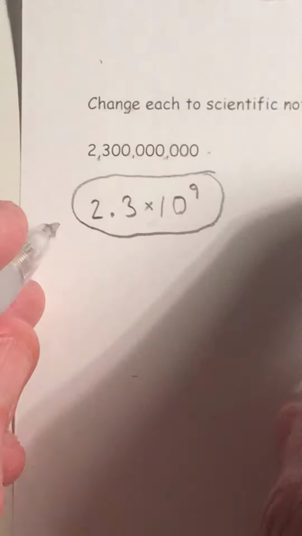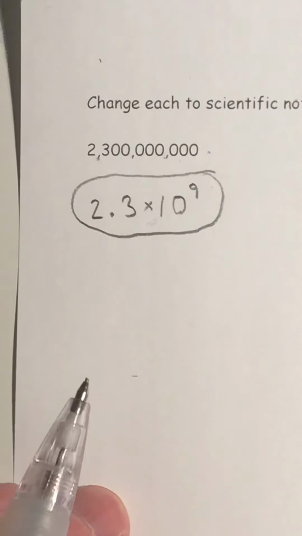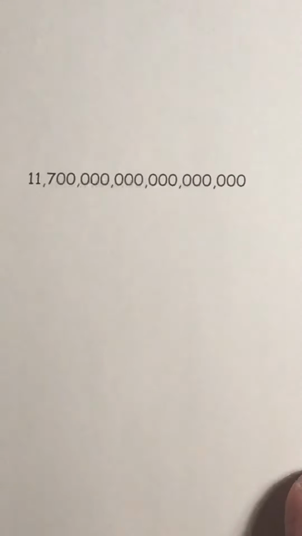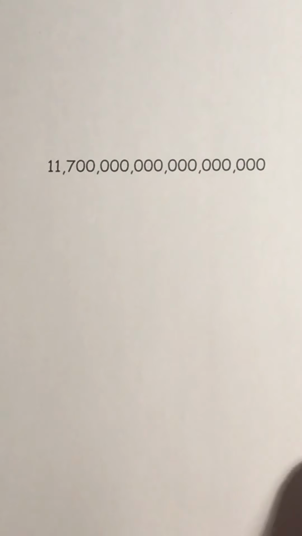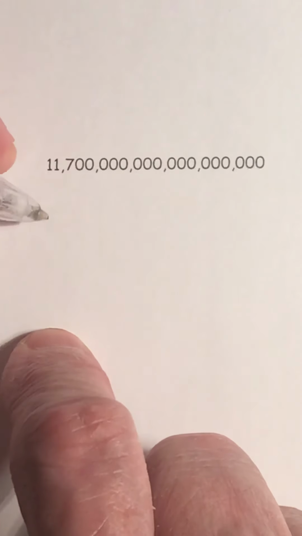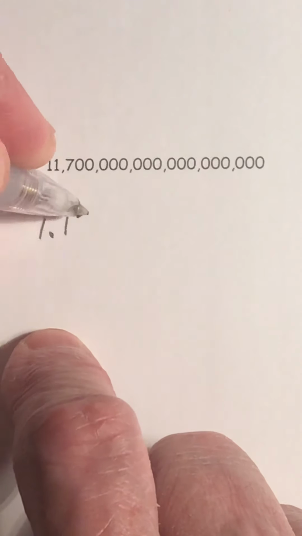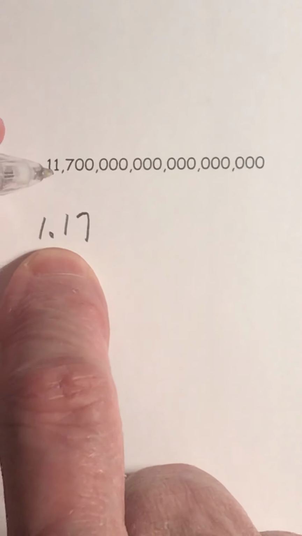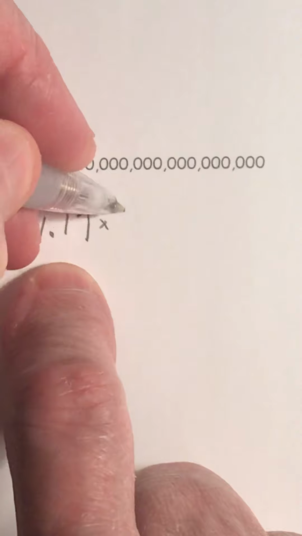Sometimes you got 27 zeros or something, and it takes a magnifying glass. Speak of the devil. Oh, gosh. Well, thank goodness for the commas, huh? So, what do I write? 1.17. So I can just have the 1 digit in front of the point. And then how many places does the point need to go all the way to the right?